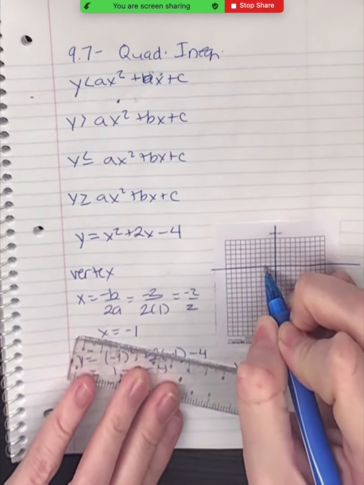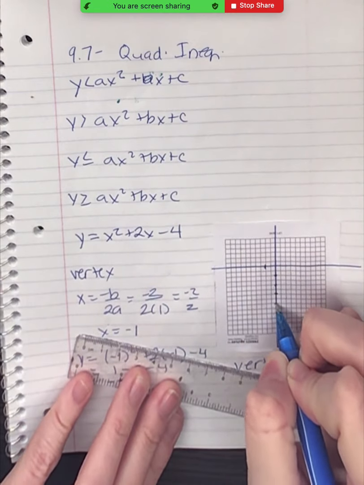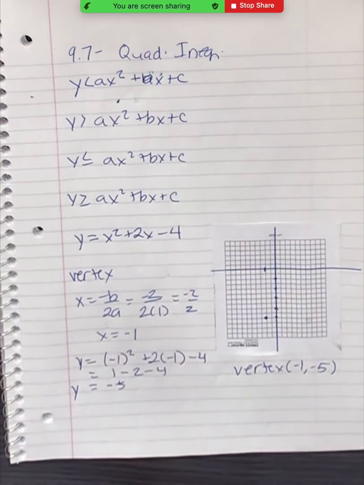So negative 1, 1, 2, 3, 4, 5. Okay, this is going to open up because a is positive.